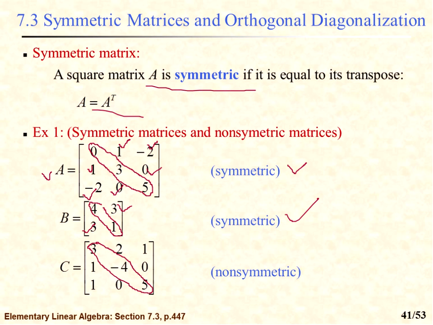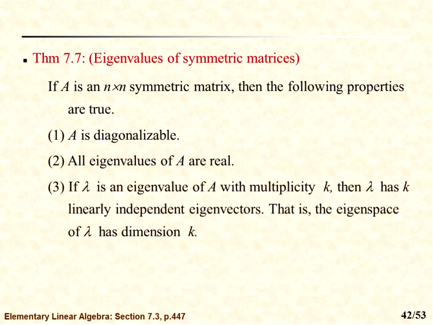Similarly, in a 2 by 2 matrix with diagonal elements, 3 on the right side and 3 on the left side, so it is a symmetric matrix. In a 3 by 3 matrix, if we see here the right side is 2 and the left side is 1, so it is a non-symmetric matrix.